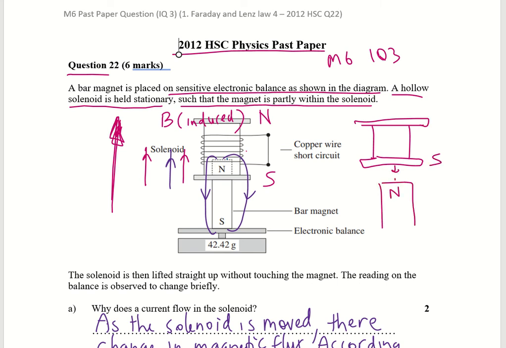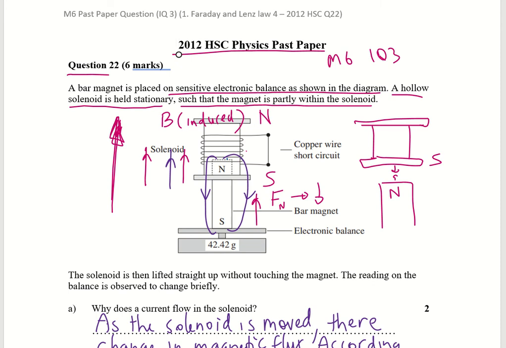So that's going to drag the magnet up. And as you drag an object up, there is less normal force experienced on it. So that means there is a drop in the balance in terms of the mass.